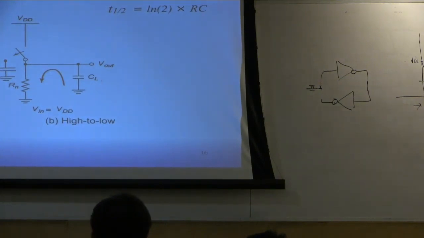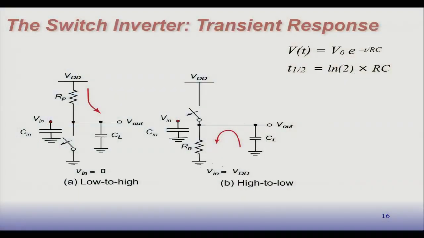And that's here, where it turns out this is log base 2 times RC, because I forgot how you get it right now. But yeah, if you plug in, solve for V naught over 2, you get that time is equal to log base 2 of RC. And this is 0.69.